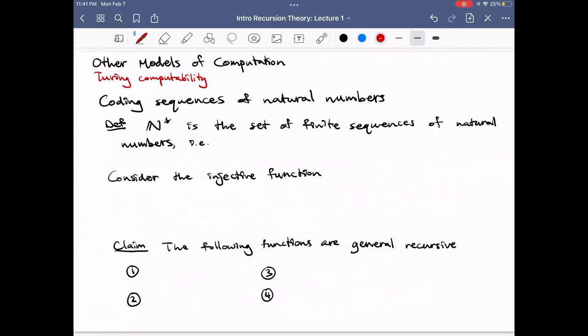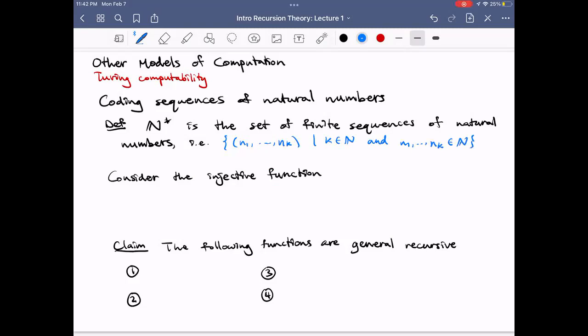So first, let me make a definition. This terminology was used before. N star, by that I mean the set of finite sequences of natural numbers, i.e. the set of (n1 through nk), such that k is a natural number and n1 through nk are natural numbers.